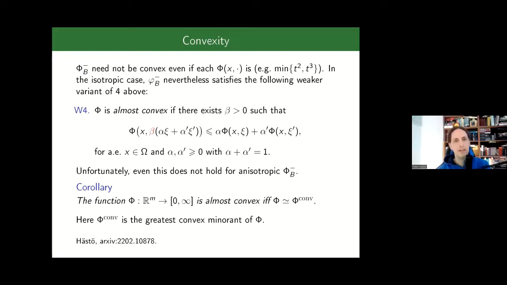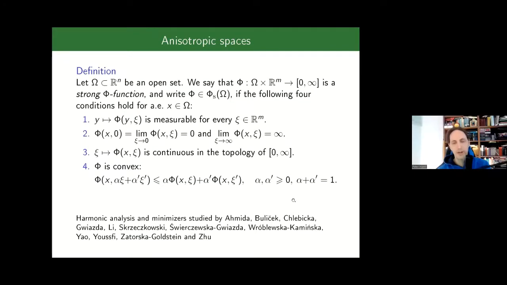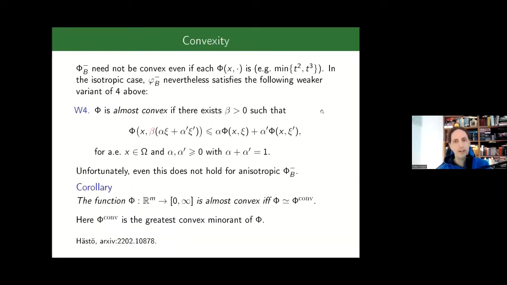Okay, so here I have this almost convexity condition that was mentioned previously. If we take the minimum of convex functions, the result need not be convex. And this is even more stark when this phi depends on a vector in Rm, not just a real value.